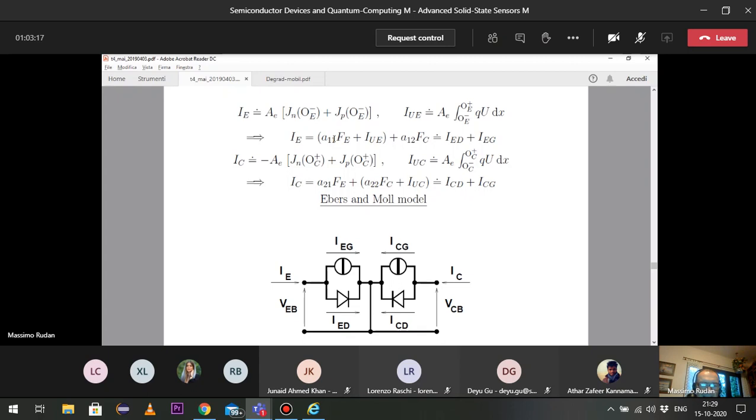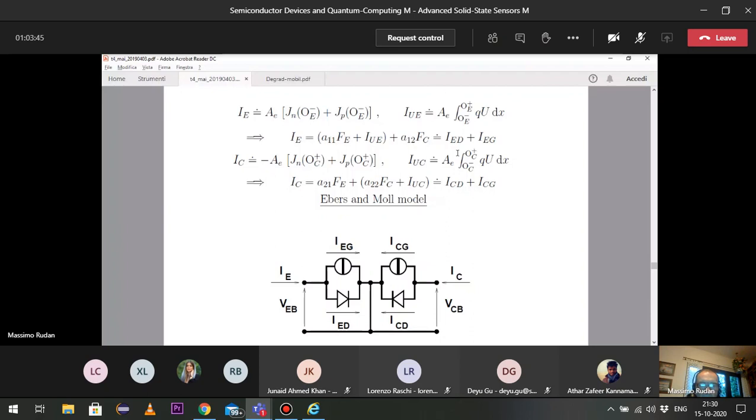But this is exactly the form of the expression that you obtain from a PN junction. Of course, the coefficients are different and the symbols are also different, but this is exactly the current associated to a diode subjected to the voltage V_EB.